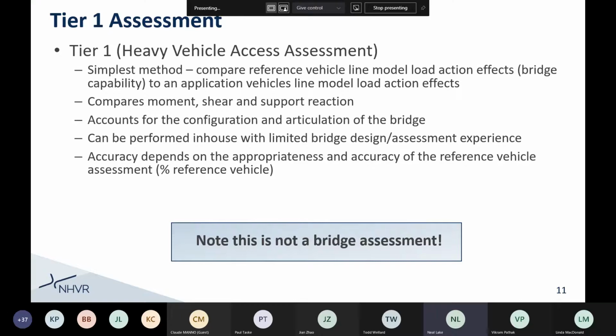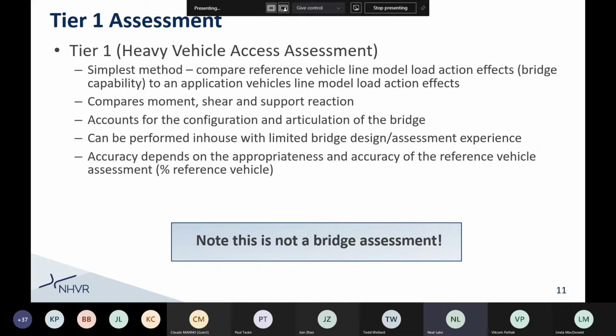And we do that using a line model and looking at the line model load action effects. We'll look at that in a bit more detail. So what we're effectively doing is comparing moment, shear, and support reaction. Those are the three main parameters that we compare on that line model.